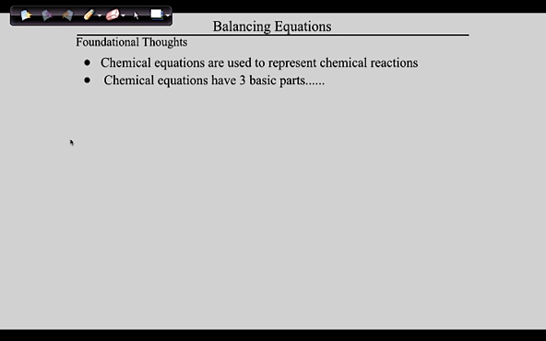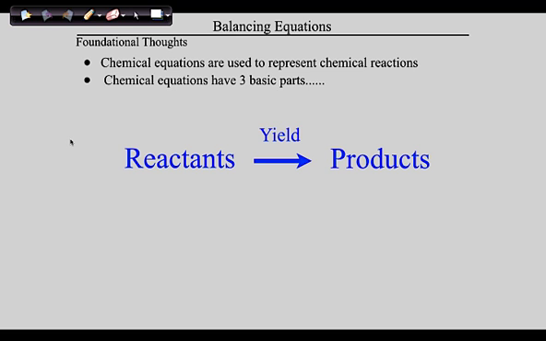When we write chemical equations, they have 3 fundamental parts. We have the part on the left, which are called the reactants. Then we have an arrow, and we read that arrow as the word yield, and then we have products. So when we write chemical equations, we say that reactants yield products.